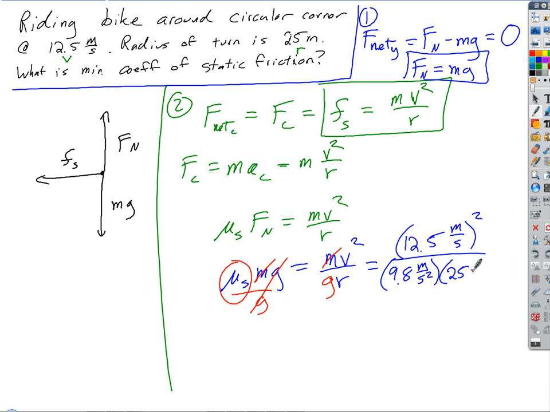Where did you get the V squared over R? Where did that whole thing come from? That's just, there are 3 equations. I'll put them on the next page because we're going to need them on the next page anyway. There are 3 equations that we really use for centripetal acceleration for now. Later on, when you do more intense angular physics in college, and maybe at the end of the year we'll come back and look at it, we could write it in terms of some angular velocity and things like that, right?